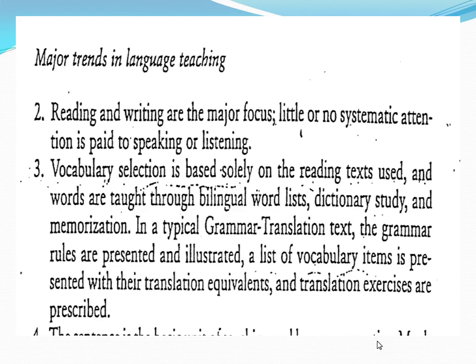We know that there are 7,000 languages, and every language has 4 components. In IELTS there are 4 modules: speaking, reading, writing, and listening. This old classic method, the grammar translation method, focuses on reading and writing. That means 2 important skills.